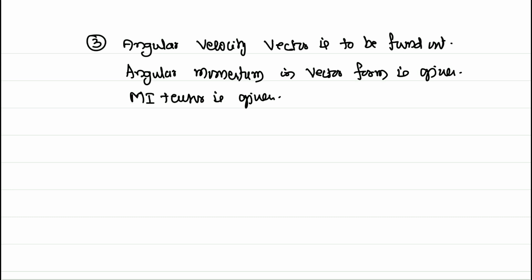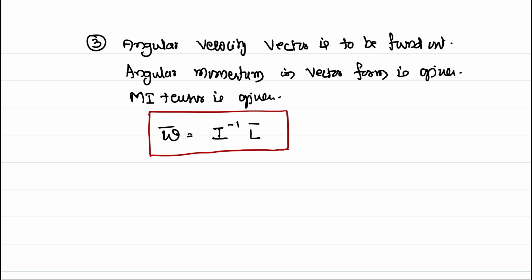Then take the inverse of the moment of inertia tensor, multiply with the angular momentum vector, and find the angular velocity vector. That's all. The angular velocity vector omega is equal to I inverse, the moment of inertia tensor inverse, into L bar. L bar is equal to I omega. Please remember this.